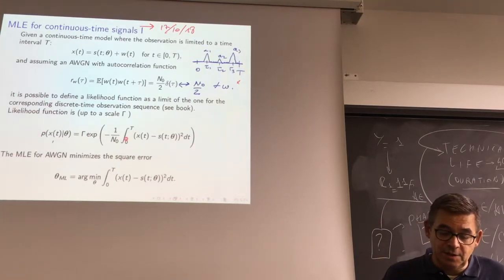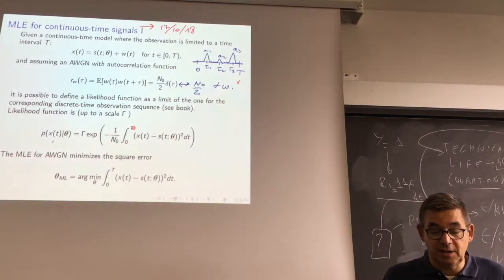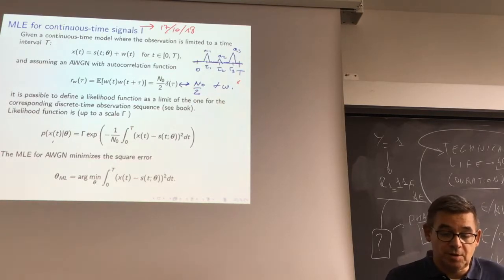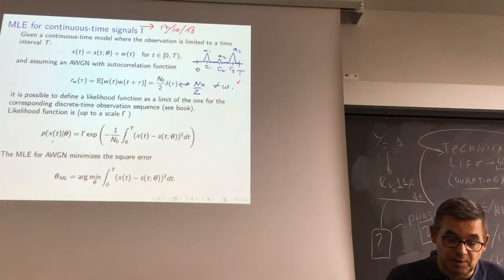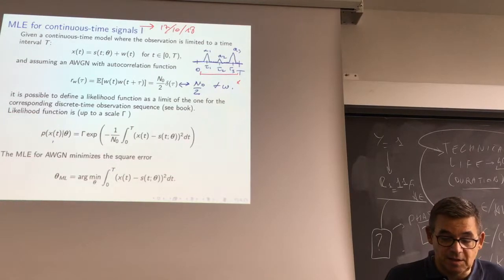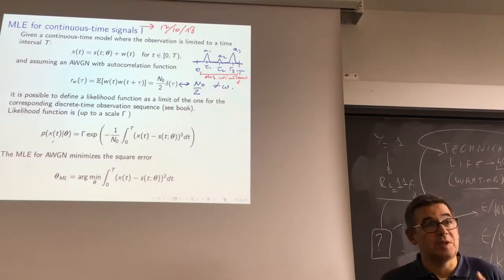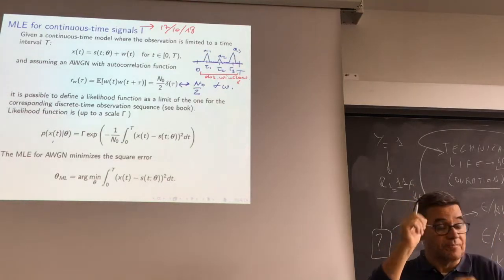And then it's an integral between 0 and T. T is the observation window. So pay very close attention in practice to the observation window. Observation window means where you capture your data.